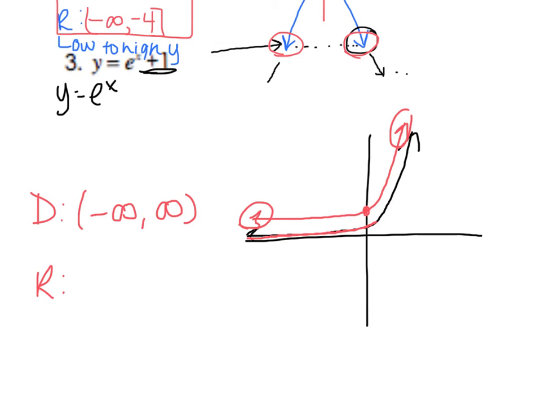So the parent function's range would have been from 0 to infinity, not including the 0, because it gets really close to it but never actually hits it. Since we shifted up 1, our range is now going to be from 1 to positive infinity, both with parentheses because they don't include it. It'll get really close to 1, but we'll never actually get there.